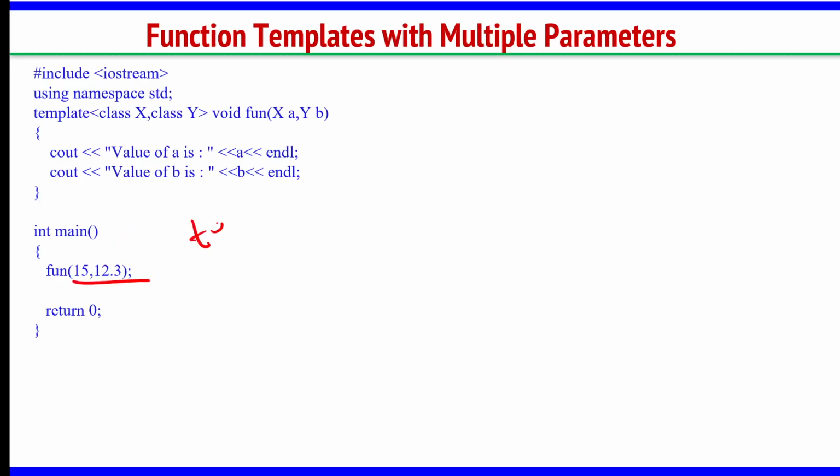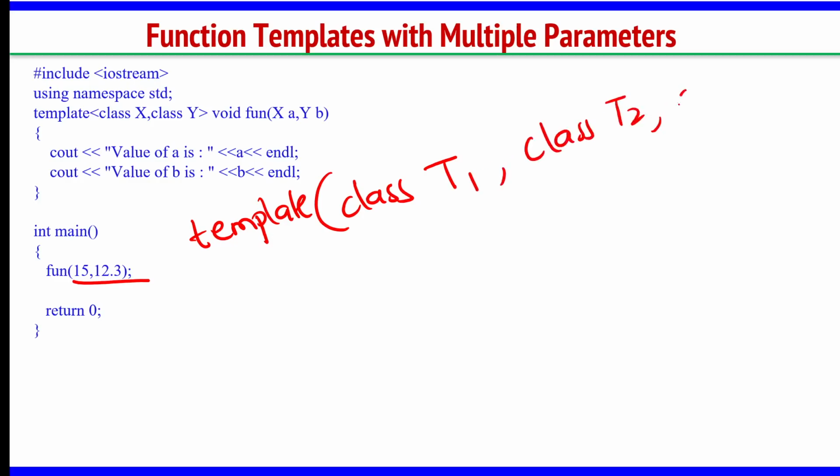Even I can have like this, see, template, maybe I can write there class T1, comma, class T2, comma, class T3, sorry, this is in angle brackets, not round brackets, like this.